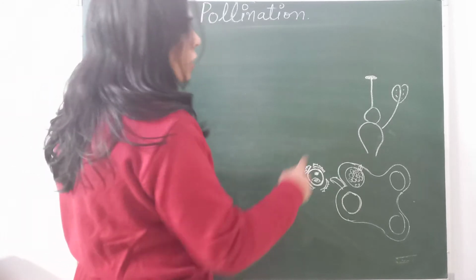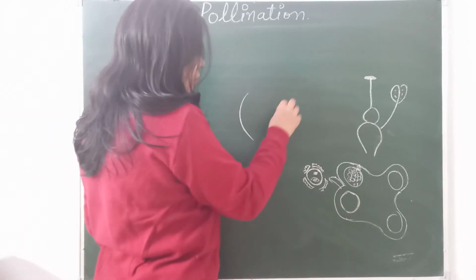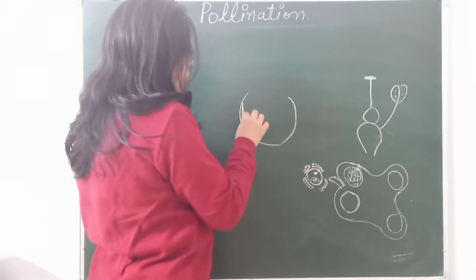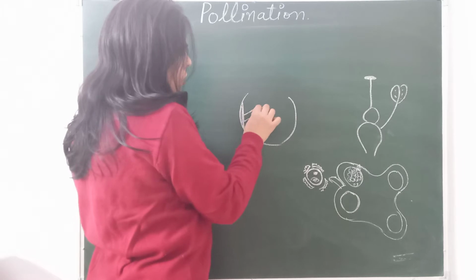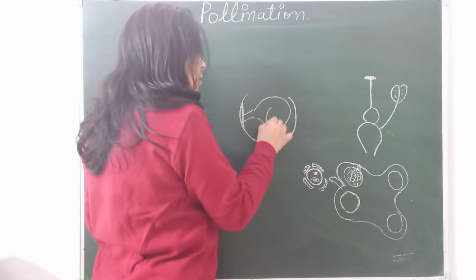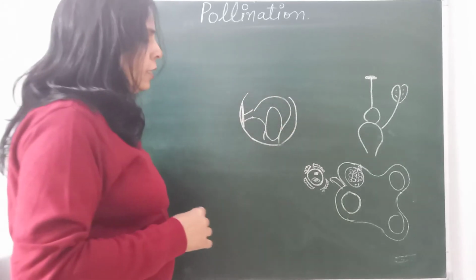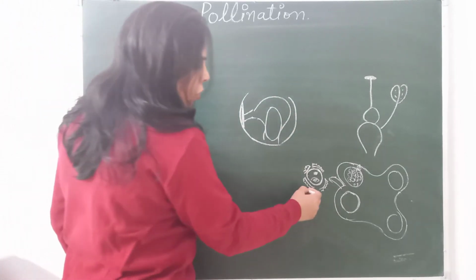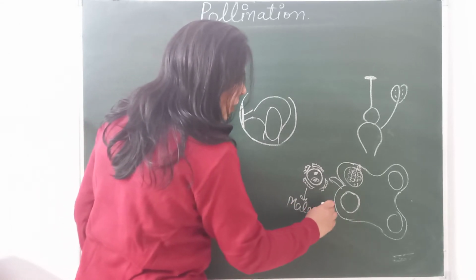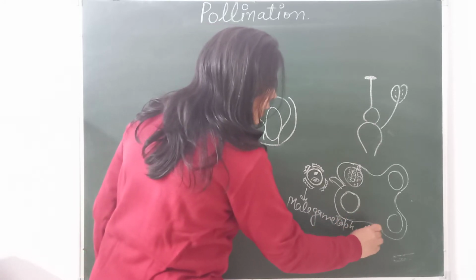In the pistil part, that is in the ovary, we have done the detailed structure of a typical anatropous ovule, and in this ovule the embryo sac was formed. Now pollen grain is known as male gametophyte as it will give rise to male gametes, right?